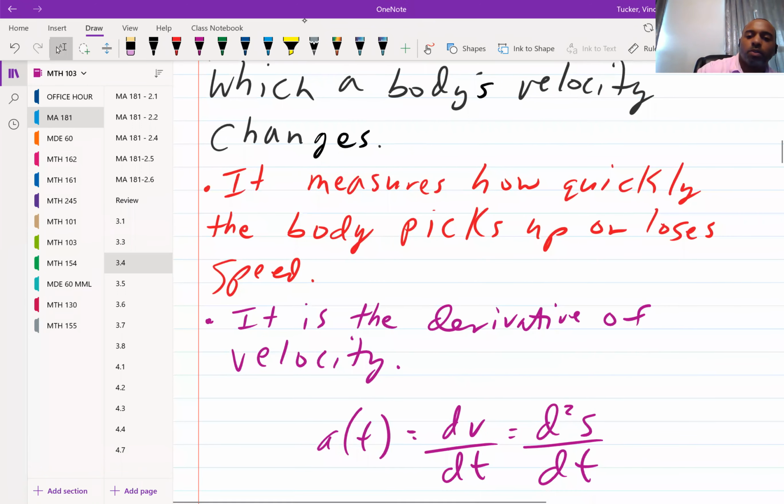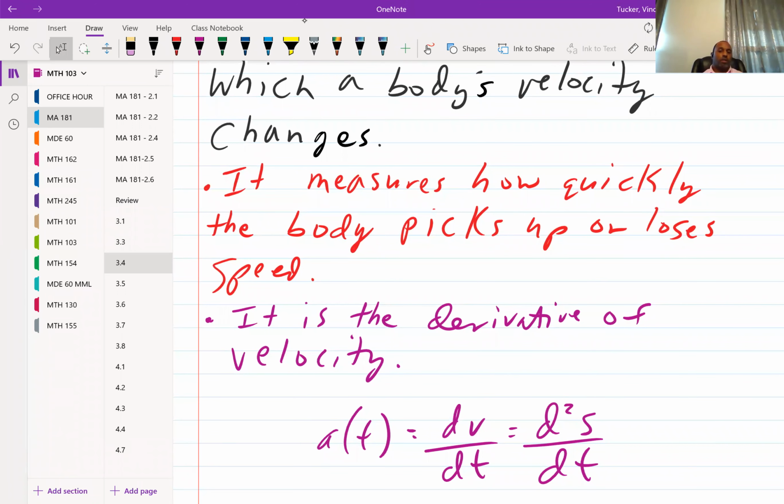So the acceleration is going to be the derivative of the velocity.